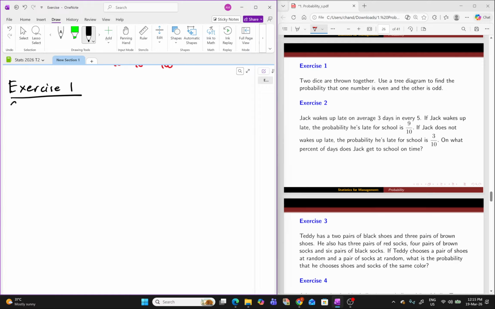So one die has 1, 2, 3, 4, 5, 6. So the probability of an even number is, how many even numbers here? 1, 2 and 3. 3 over 6, 1 over 2. Probability of odd number, 1, 2 and 3.